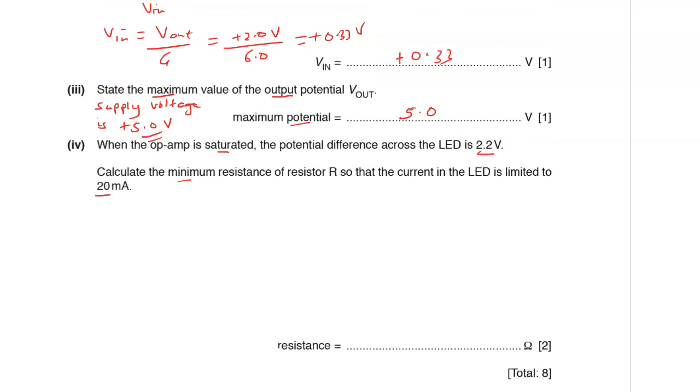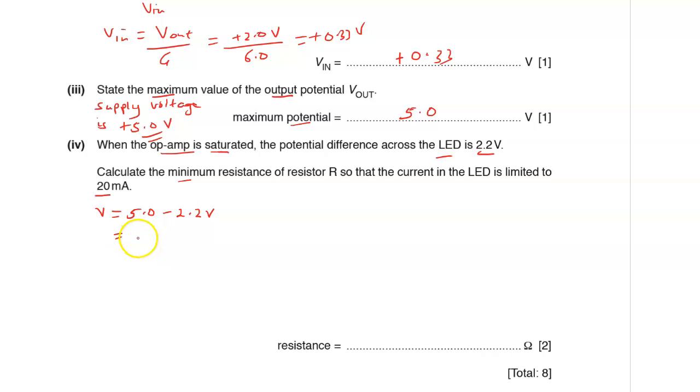Of course, the voltage across the LED is 2.2 volts, and we are told the op-amp is saturated, because we need to know the voltage across the resistor. To get that, we take the saturated voltage of the op-amp minus the voltage of the LED.